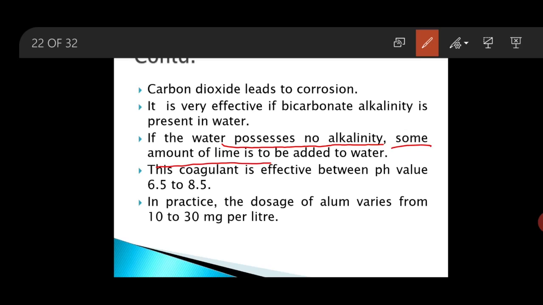This alum is very effective for raw water having a pH value of 6.5 to 8.5, and the dose of alum varies from 10 to 30 milligram per liter. So this is the dose of alum which we will apply to the raw water.